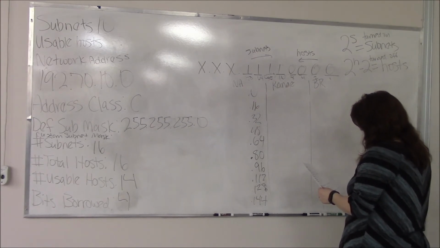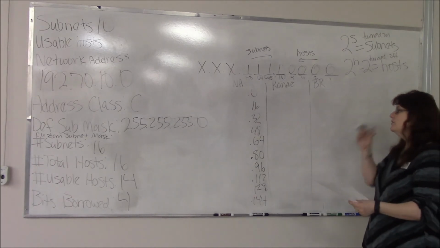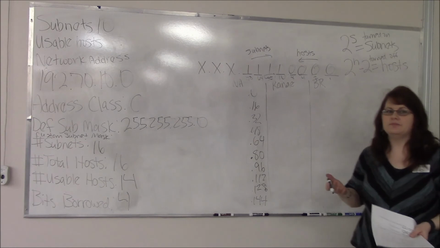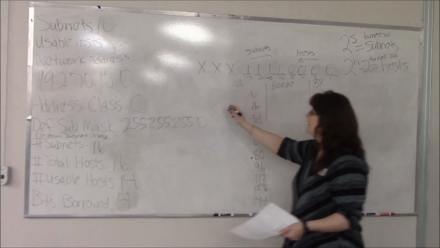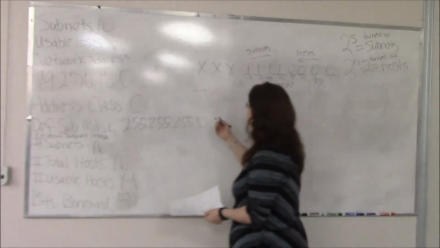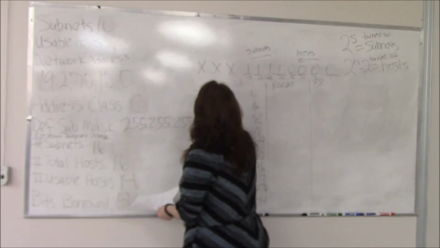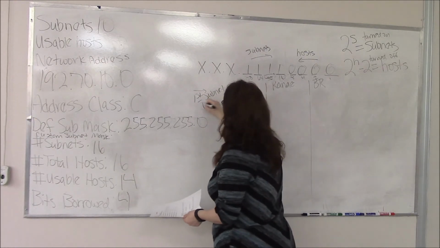Okay, so let's look at those questions at the bottom of that page. So when you refer to a subnet, you could refer to this first subnet right here in a couple ways. You could call it the first subnet, or you could call it the 0 subnet.